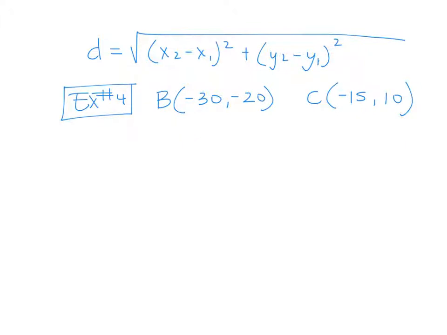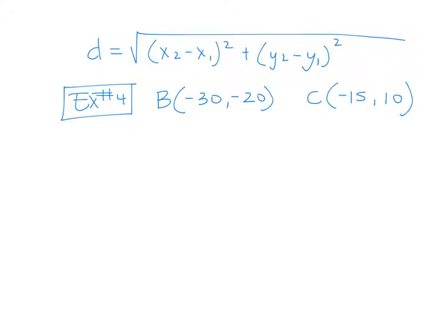Label them, okay? So we're going to call negative 30 and negative 20 one thing, negative 15 and 10 something else. Does it matter if I call one x1, y1 and the other x2, y2? Or if I flip that? Could negative 30 be x2? It can. I could call negative 30 and negative 20 x2, y2, and then the other one x1, y1.